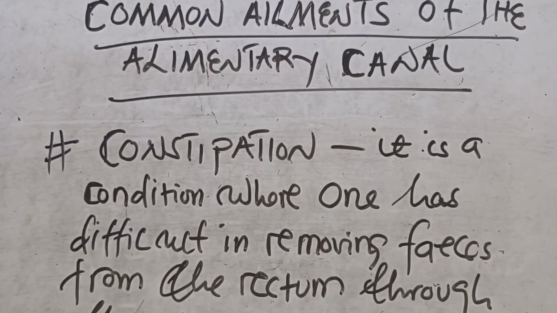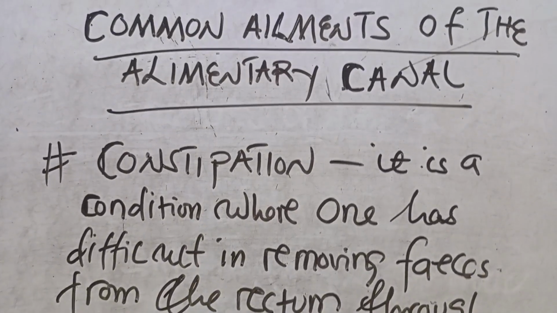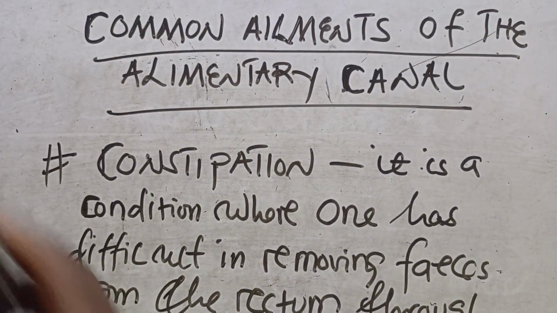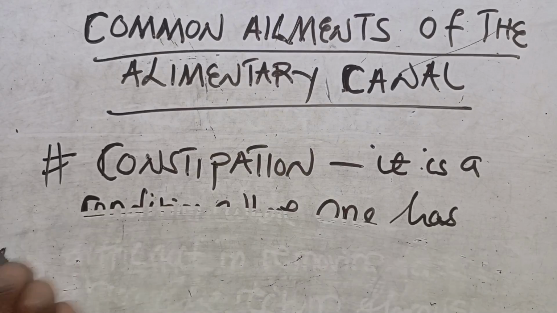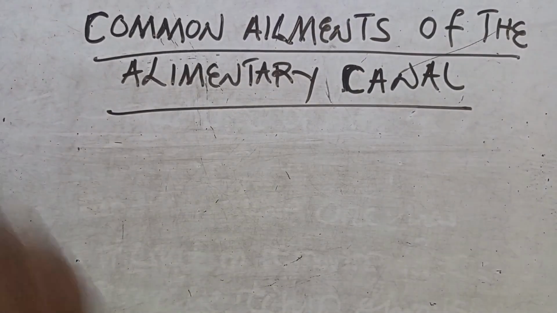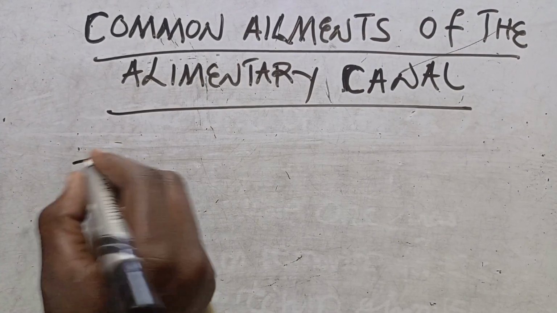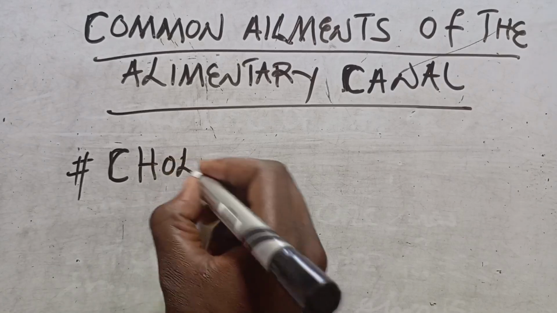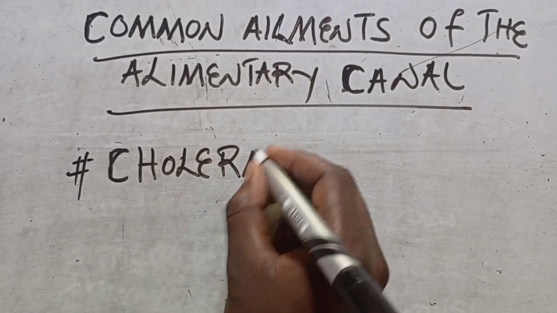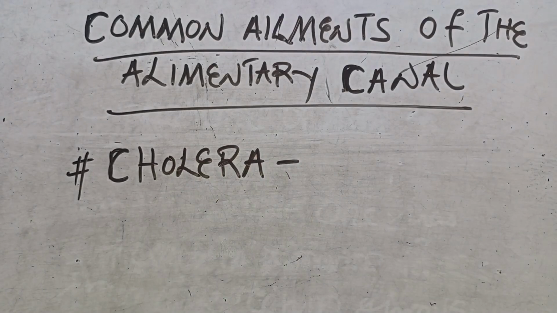Then another ailment of the alimentary canal that we can talk about is cholera. This is a common ailment. Cholera is usually caused by a bacteria in drinking water.